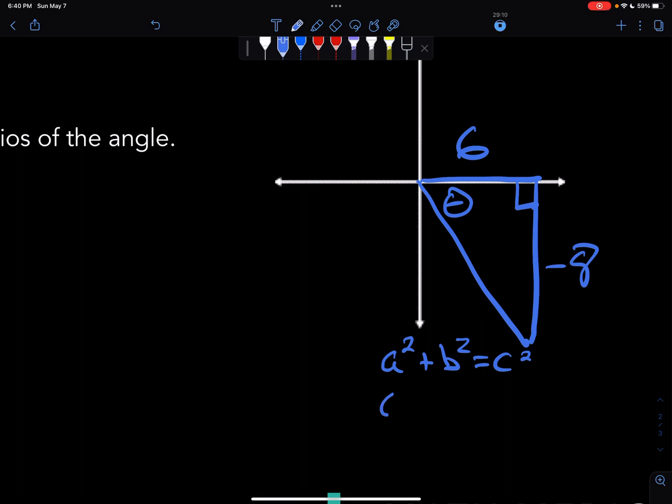Our a here is 6, plus the b, which is negative 8, and that's going to equal our c squared.